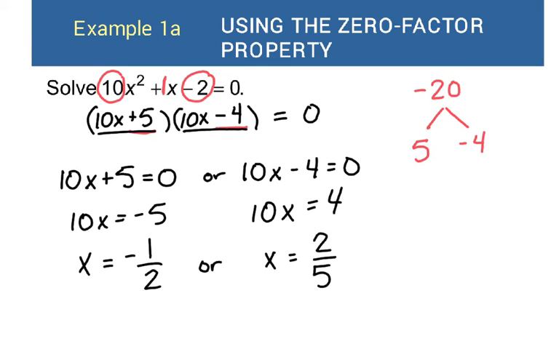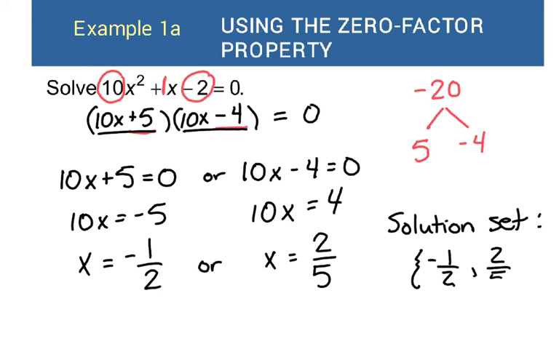And there's our two solutions, and our solution set. That ends up being our two values that we just found: negative 1/2 and 2/5. And there you go. That's using the Berry method along with the zero factor property that we're learning.